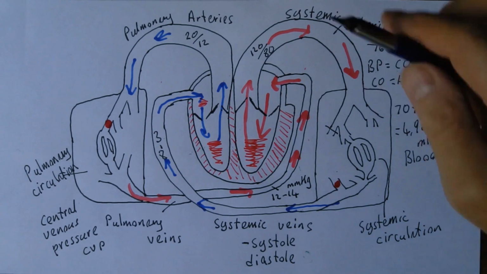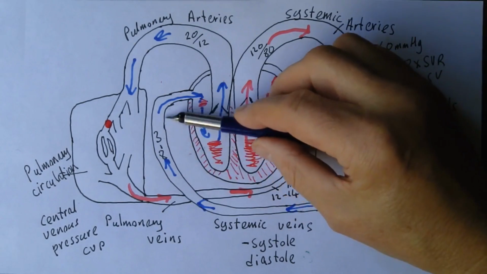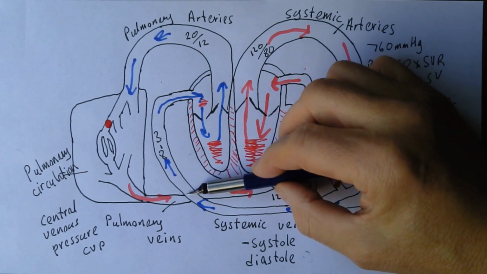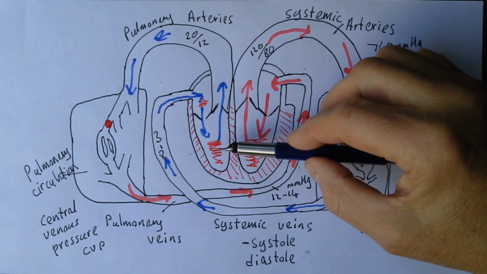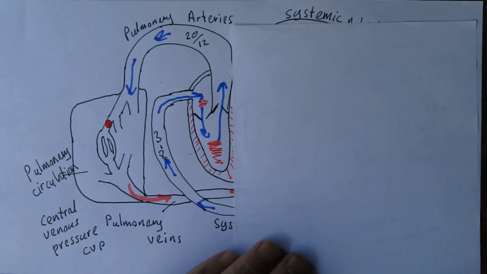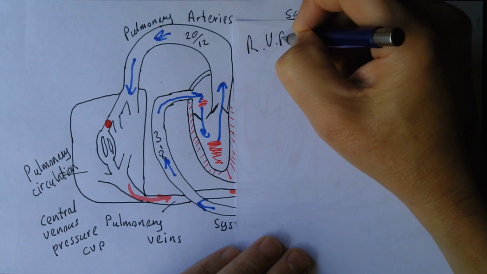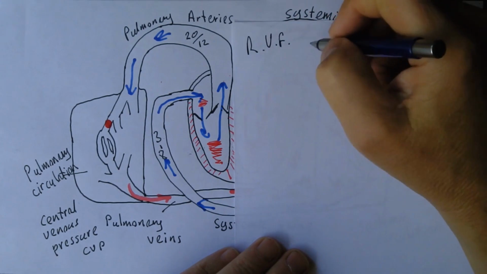But another common cause of systemic venous hypertension is right ventricular failure. So we need to think about right ventricular failure, RVF.